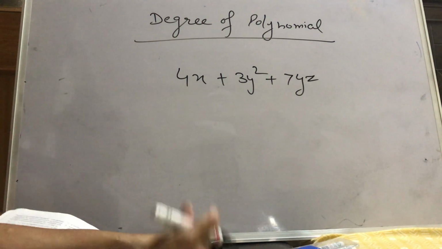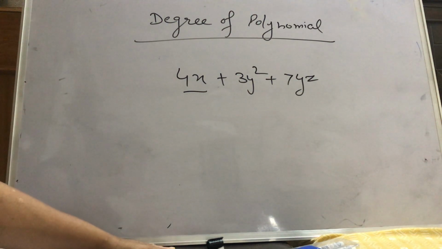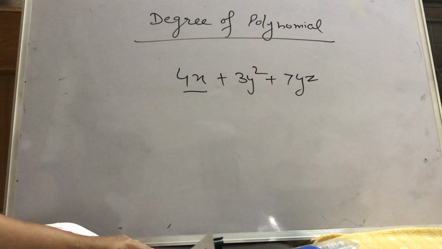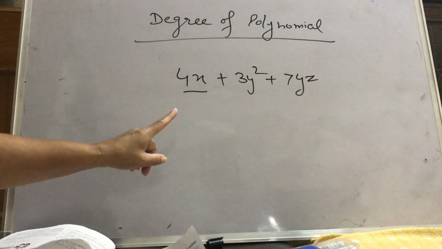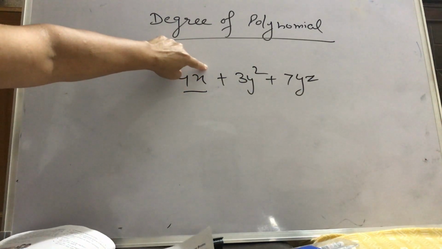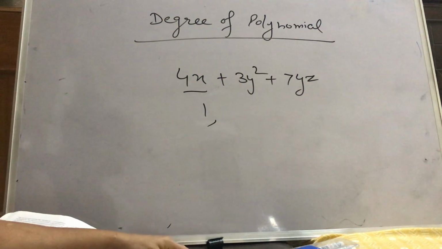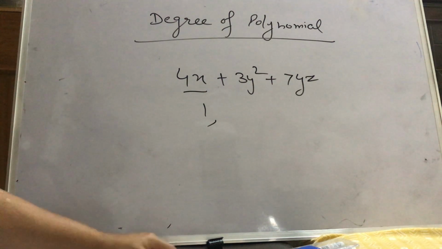The degree of a term is the power of the variable that term is having. The first term is having the variable x and the power of x is 1. We have done it in the exponent chapter that if any variable is having no power written, it means the power is 1. The second term is 3y square. The power of y is 2 here.